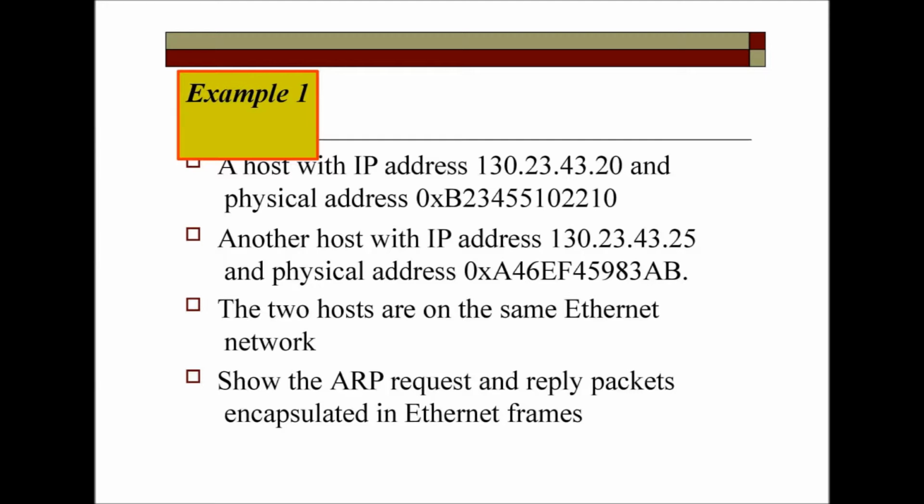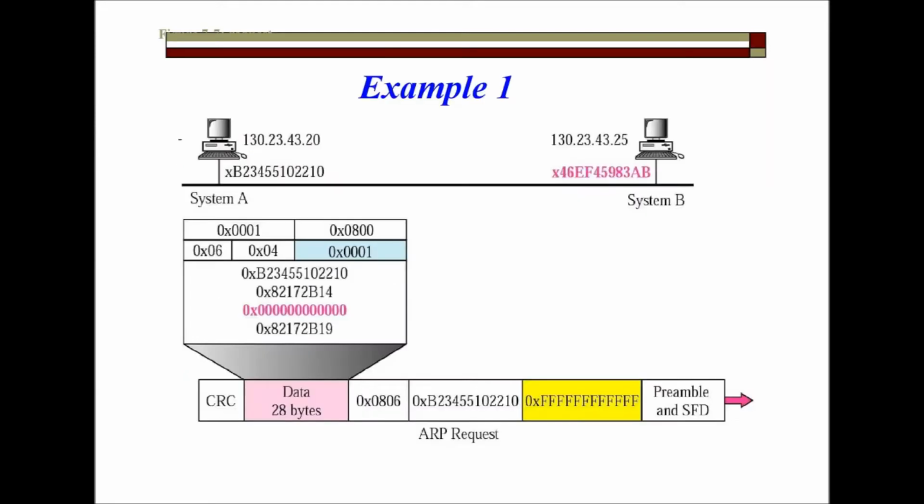Both addresses are defined over here, the IP address in decimal format and the MAC address in hexadecimal format. The last point shows that the ARP request and reply packets are encapsulated in Ethernet frames. So when ARP request and ARP reply are used, they are encapsulated in Ethernet frames.